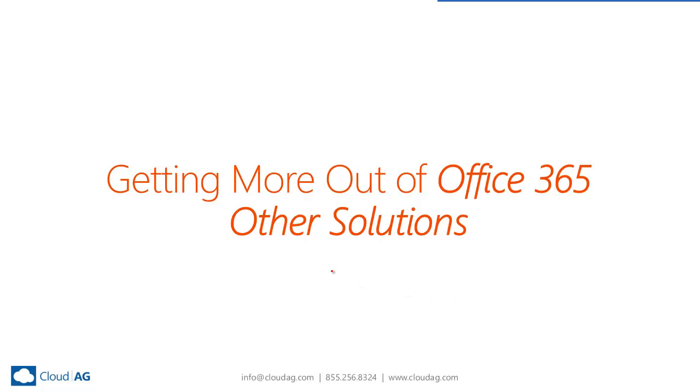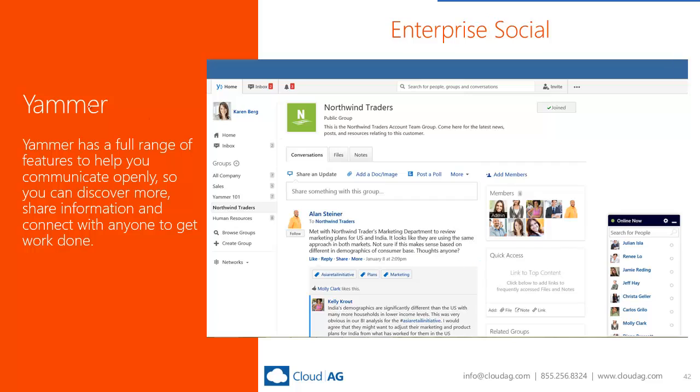Here's a couple other solutions before we get to the end of our time allotment that I want to make you aware of that could help you with getting more value out of your Office 365 environment. One of them is something that probably few people have actually played with yet, but is coming on strong. It's called Yammer, and it's under the category of solution called Enterprise Social.